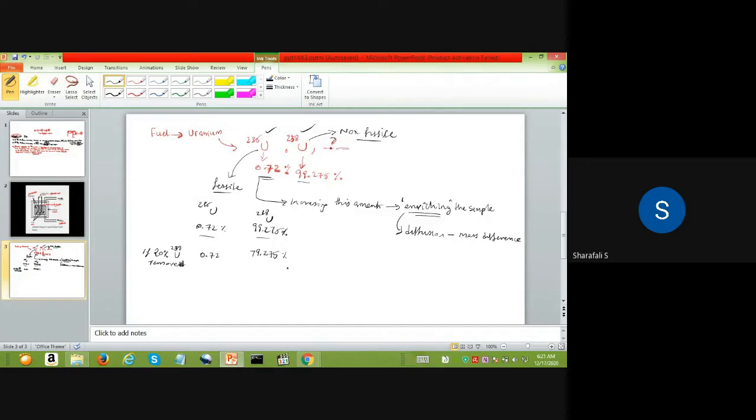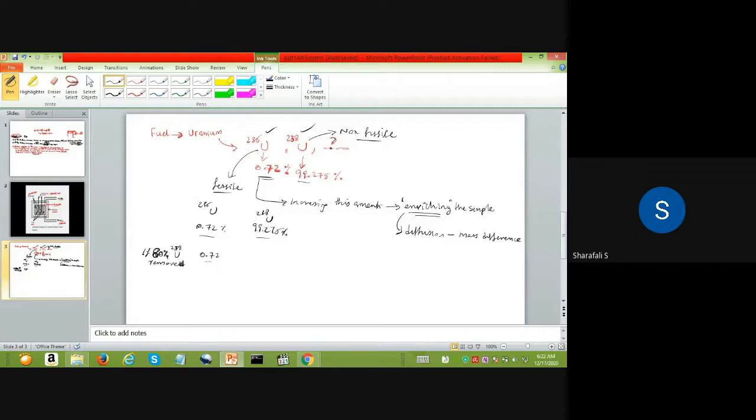Which means, in terms of percentage, if I write this quantitatively, you consider the 0.72 percent, and if you remove 20 percent, it becomes 79.275 percent. Now let's say I remove 80 percent of the uranium-238 from the sample.